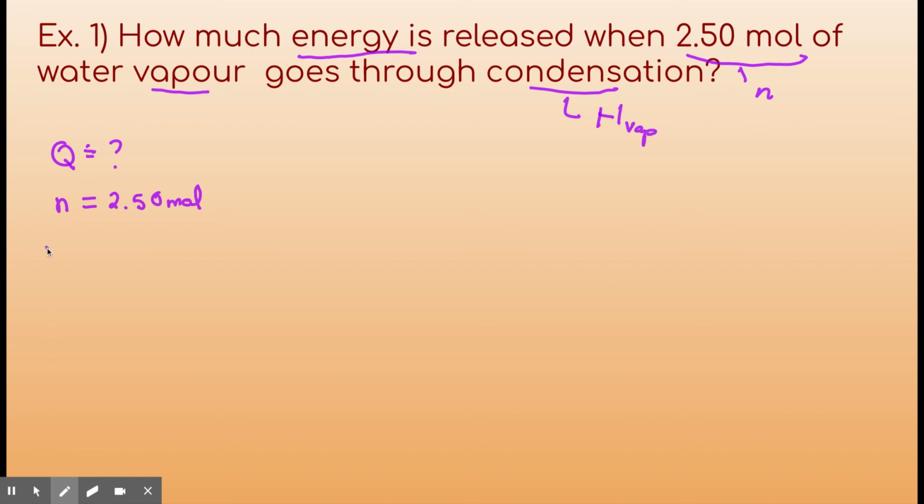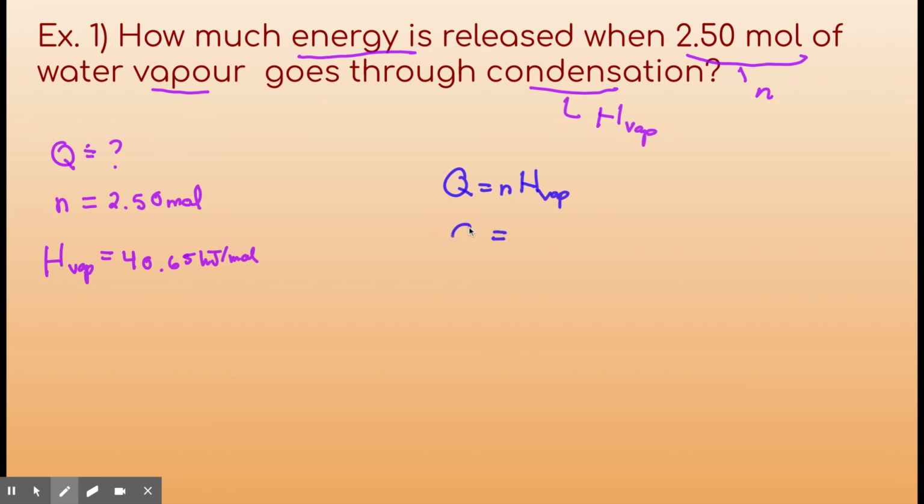So in order to find that, I look at my data sheet, and Hvap is 40.65 kilojoules per mole. All right, so now I have all my information pulled out of my question. I'm going to write my formula, and then I'm going to show my work.